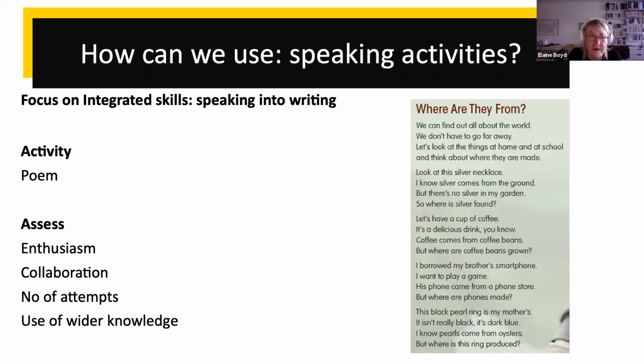What are they bringing to that writing activity? What do they know about poetry? All children have done poetry from when they're babies. What do they know about poetry that they can bring to this and transfer to English? So again, you're not worrying about their grammar. You might not be worrying about their style of writing. You're worrying about, have they got this genre right, this context, this type of writing?